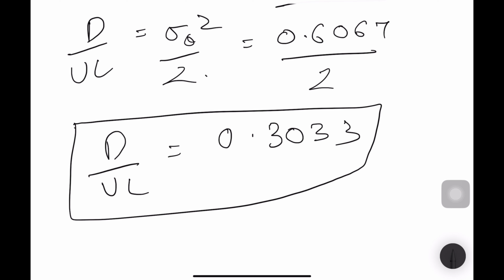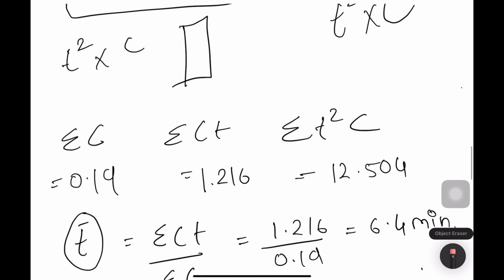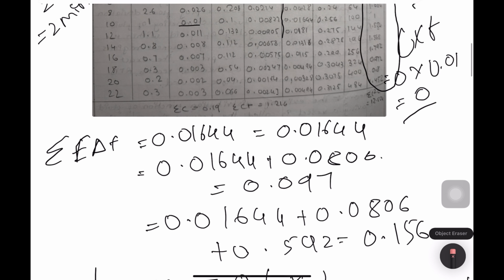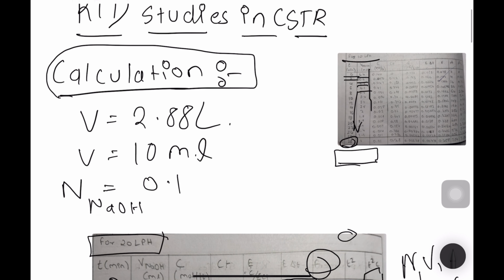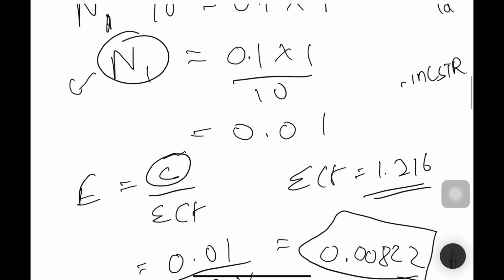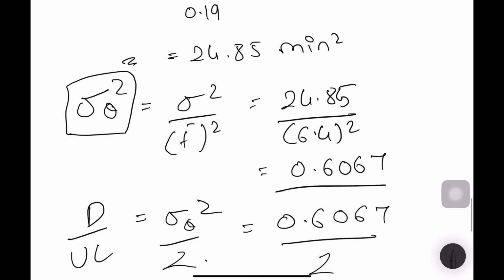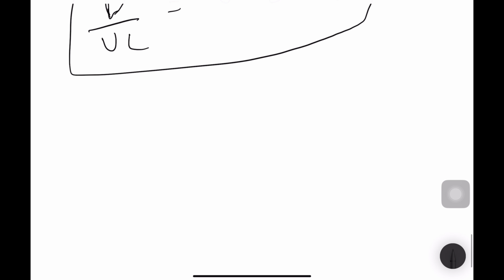This value we have calculated theoretically from several observations, and this one is for the flow rate of 20 lph. Similarly, we have to calculate it for 10 lph. We have already calculated it for 10 lph values for several observations.